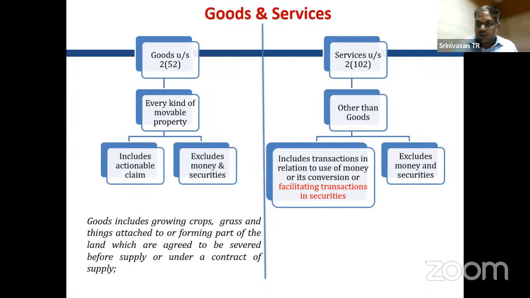Now this definition of goods and service is very important, because the rate of tax and everything changes based on it. For example, you go to a restaurant and have food there. Of course, everybody knows it's a service. Now, in the same restaurant, you will find a small bakery setup where they pack food and give it to you. I'm not talking about delivery.